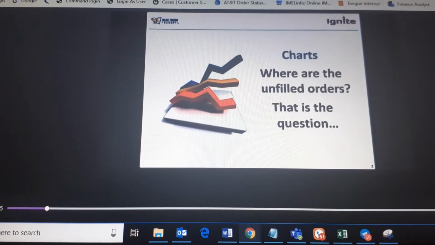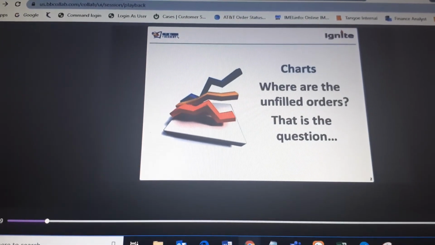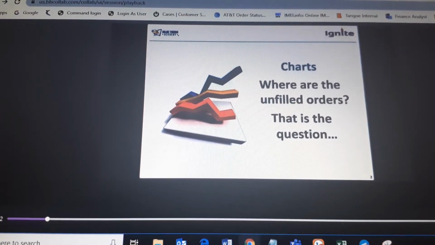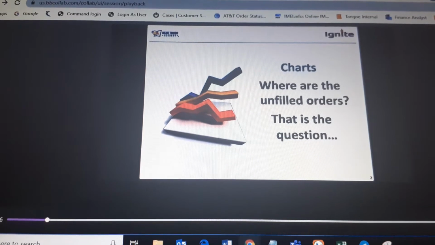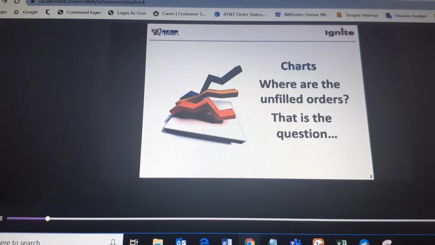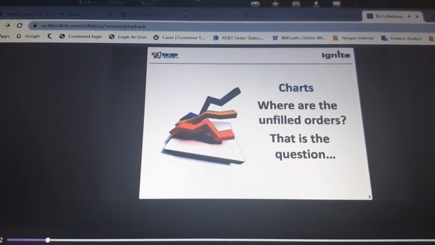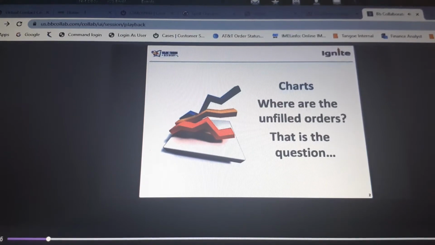It will show you filled orders. But our job as a core strategy trader is to find where the unfilled orders are on the chart. That is the question we have to look for.